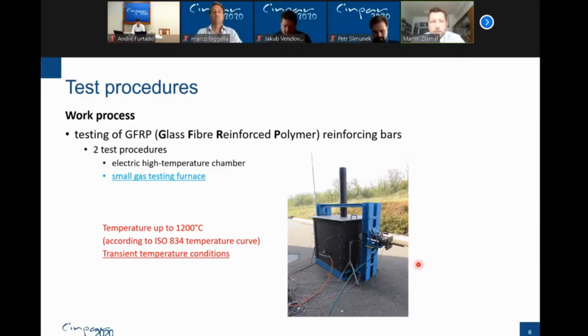And also we are able to load the bars, but not only the reinforcing bars, but also the concrete or other type of the structures according to temperature curves. For this testing procedure, we use the transient temperature conditions. So this means that in the first step, we apply the loading, and in a second step, we apply the increase of the temperature.